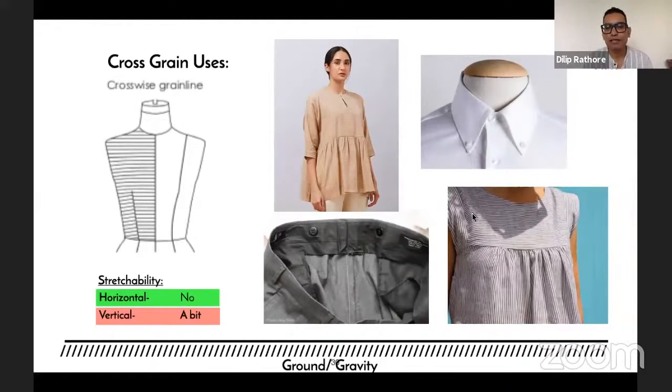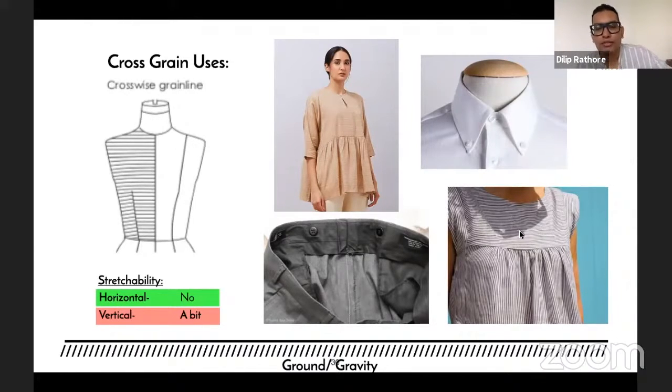Now, next is using it on the yoke. The yoke is a small piece on the top. Here you can see this one particularly. On this, the cross grain can be used because the purpose of the yoke at times is to provide strength to the garment. In this particular garment, the grain is horizontal, you can see the stripes and understand.